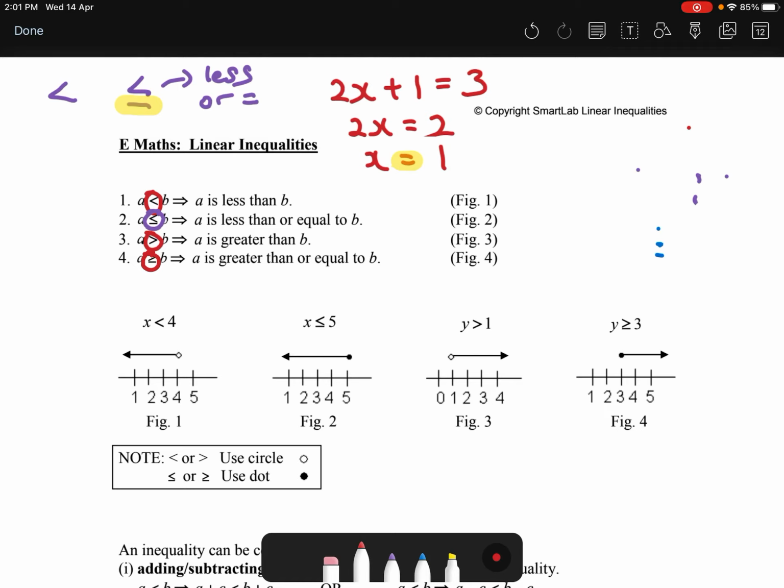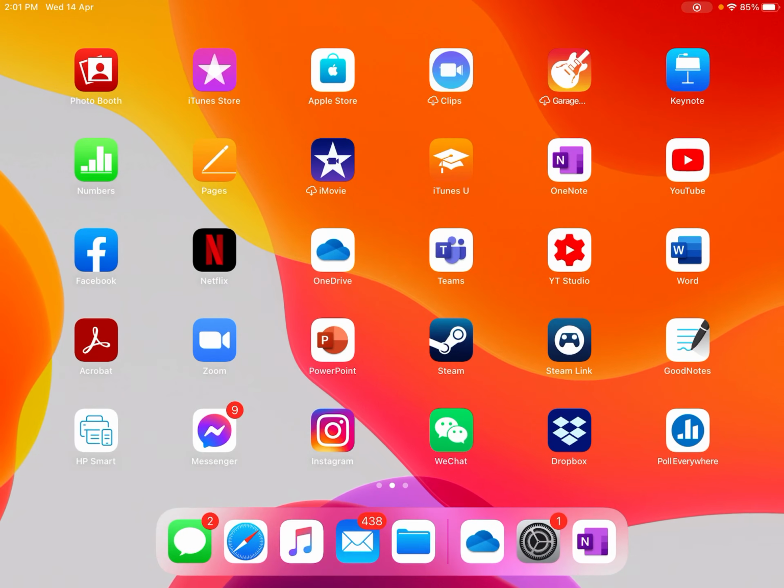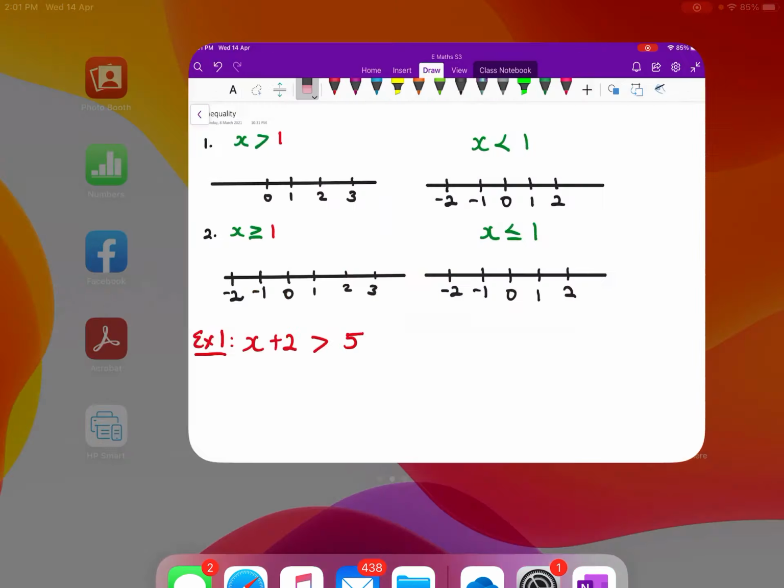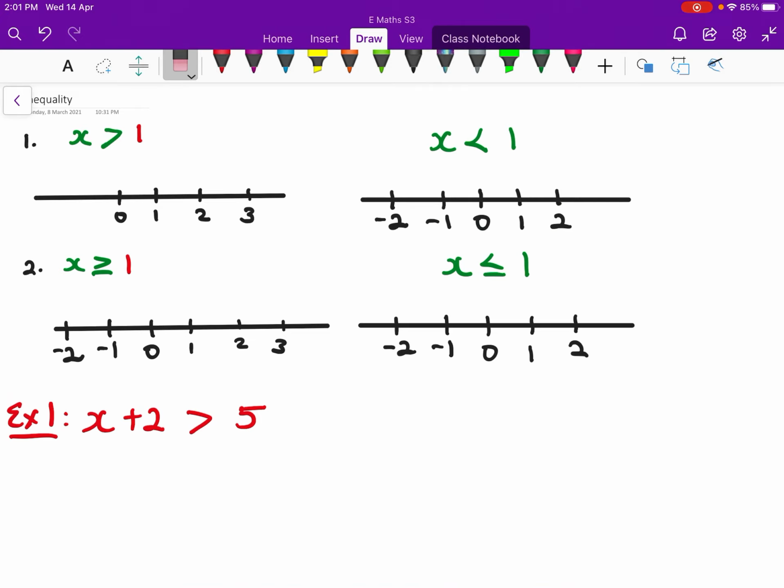Of course in inequality we need to draw the so-called number line. So how do we draw the number line? For the first inequality, which is x more than 1, note that I do not know the exact value of x. I only know that it's more than 1. So I will need to draw a circle and an arrow.